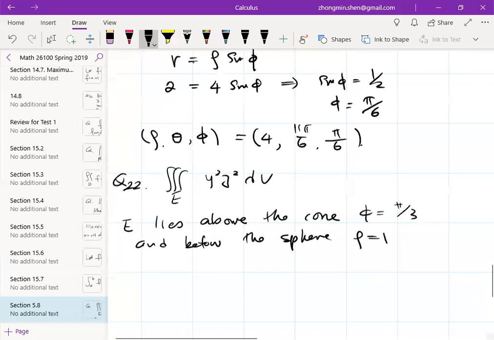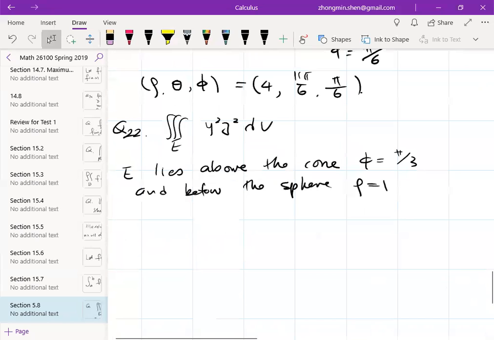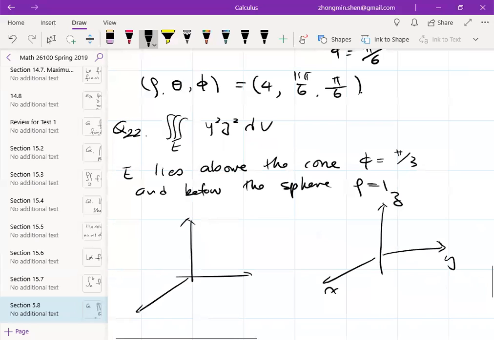Funny here. This is an integral in the XYZ coordinate system because of the variables y, z. But the region is described as the image of some region. I don't have a picture here, but I have a rho, a theta, a phi.